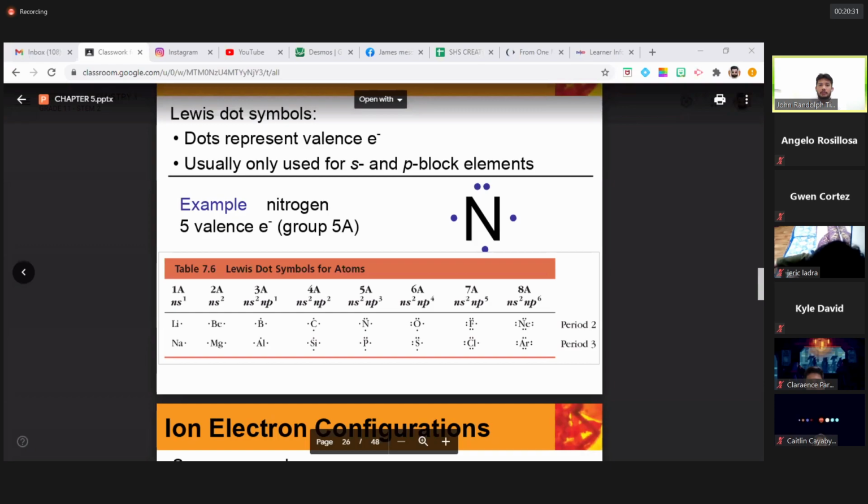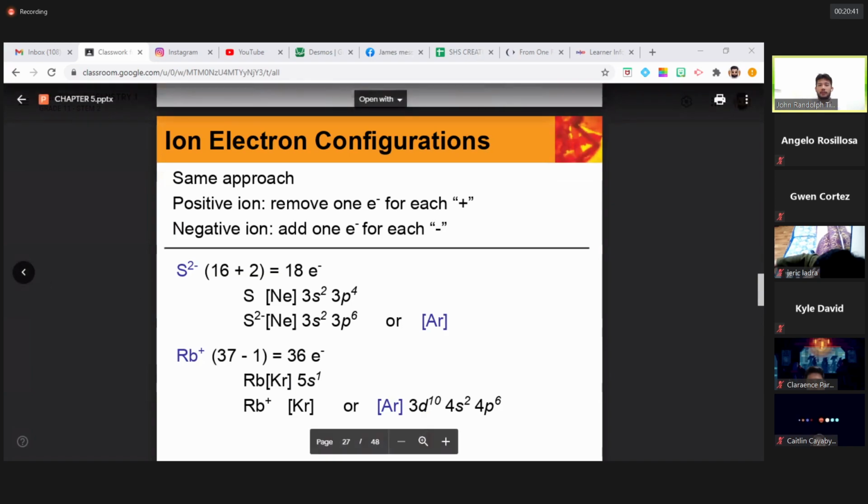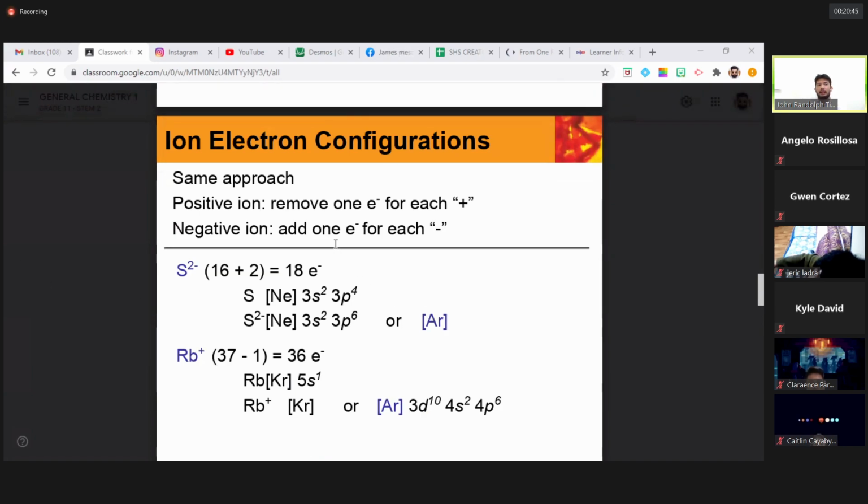Now how about, guys, ions? Ion electron configurations here. When you say ions, those are the ones with a plus or minus on top. It may be a positive ion or a negative ion. A positive ion is what we call a cation, and a negative one is what we call an anion.